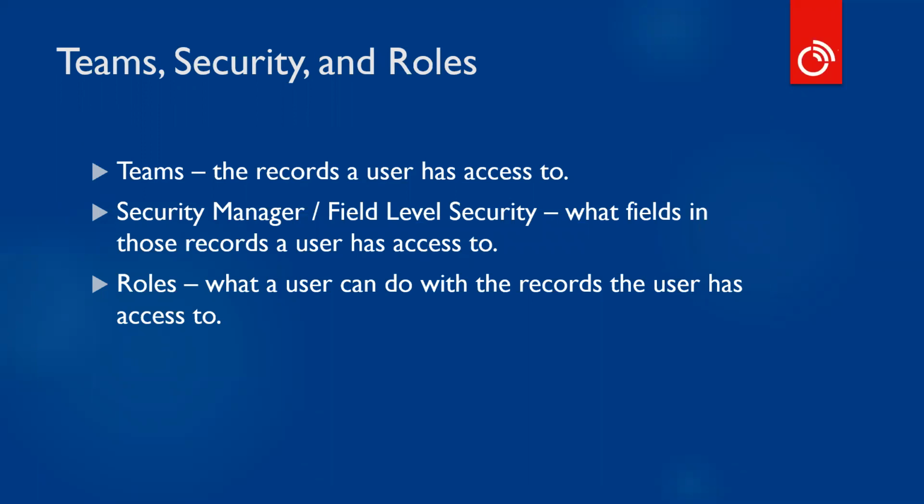First, teams, security, and roles. Teams are the records that a user has access to. Security manager, or field level security, covers what fields in those records a user has access to and what sort of access they have. And roles are what a user can do with the records they have access to.